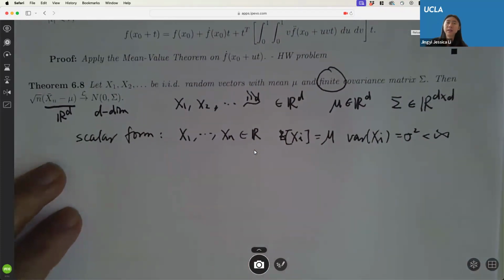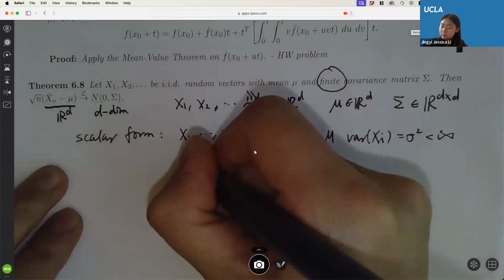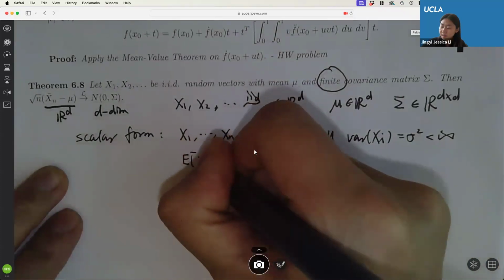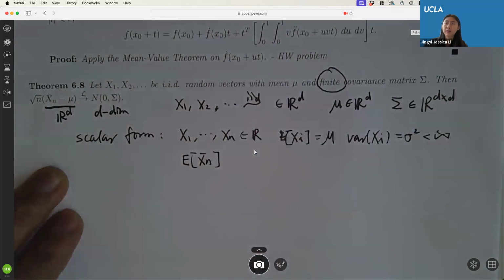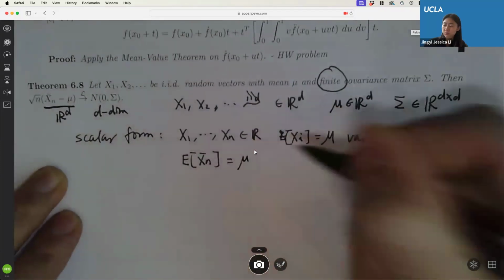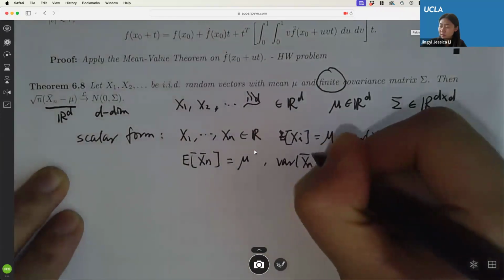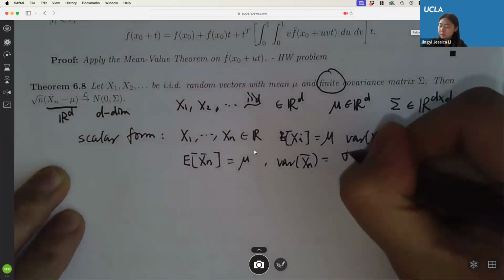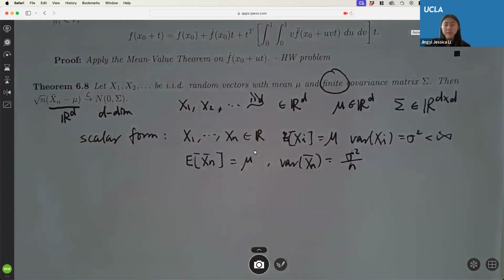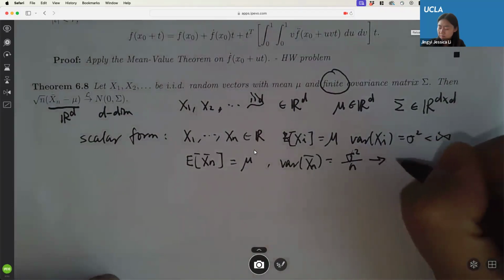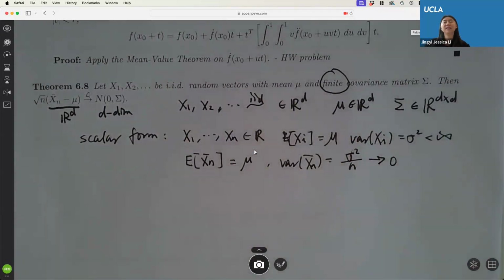Okay, if this is the setting, then we know that expectation of x n bar, the average, is mu, no problem. Variance of x n bar is what? It's sigma squared over n. This is what we would know, right? And this variance will go down to 0 as n goes to infinity.